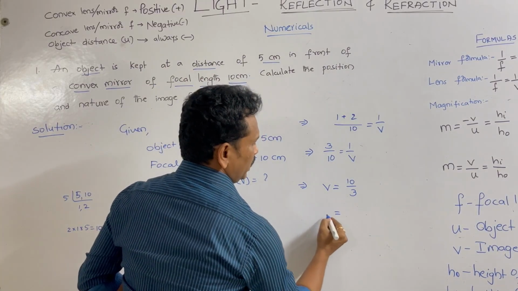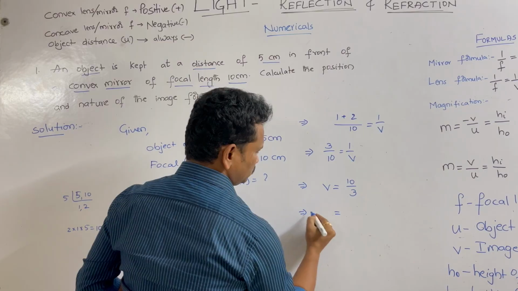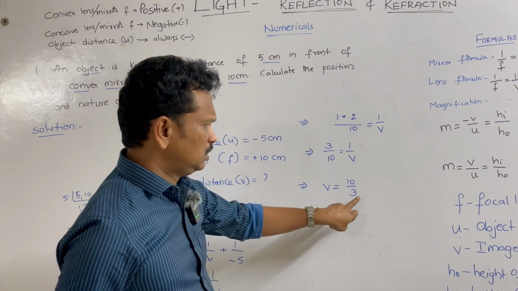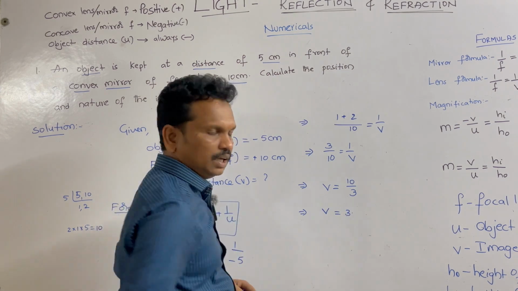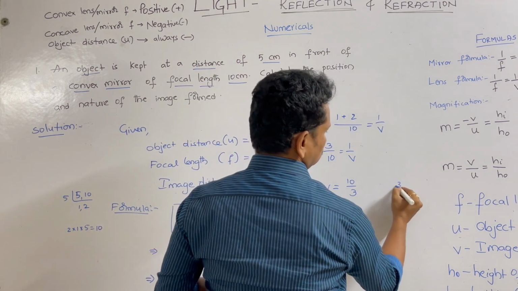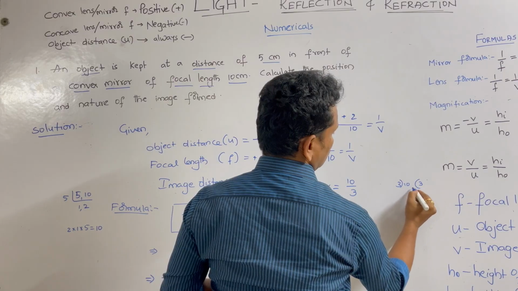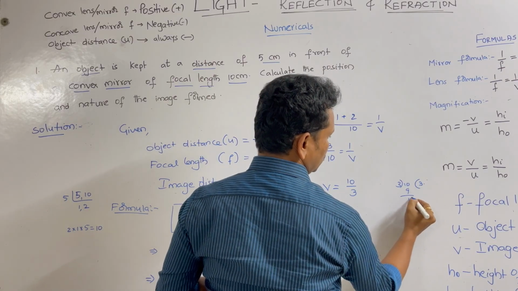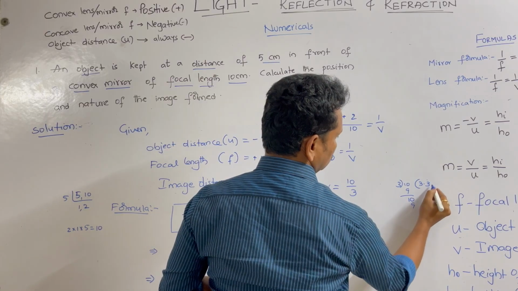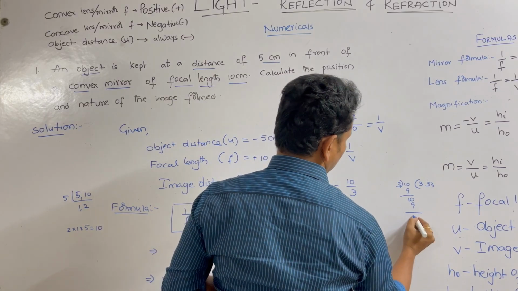So 10 by 3 means approximately v is equal to 3.33, 3 times 9, 27, then again 6, then 3 times 9, 1 will come again 0.10, 3, 9, 3. So it will go on like this.